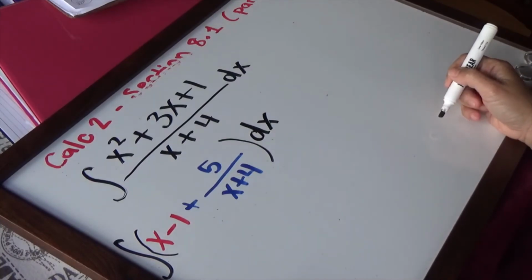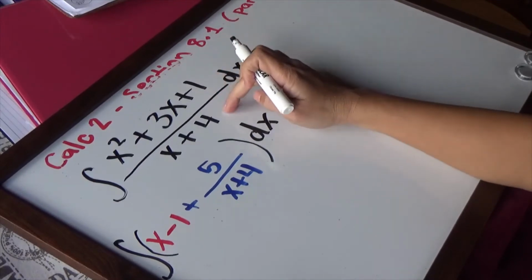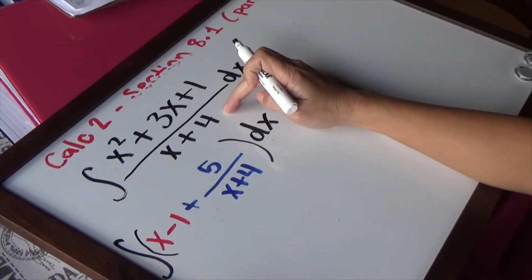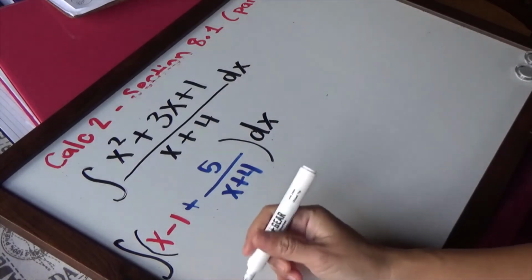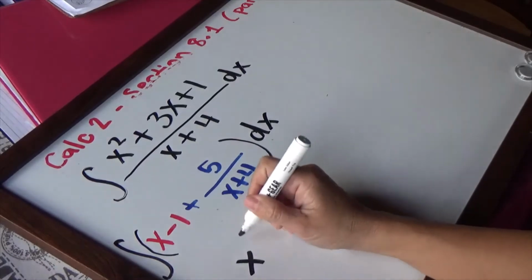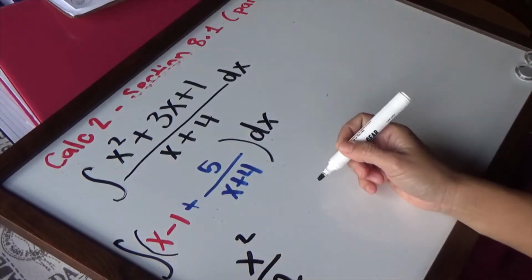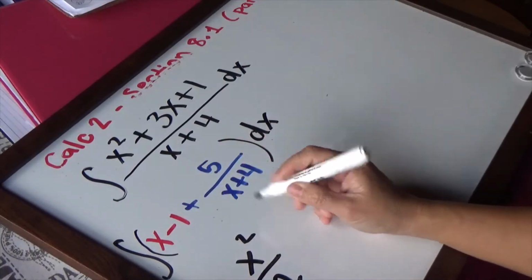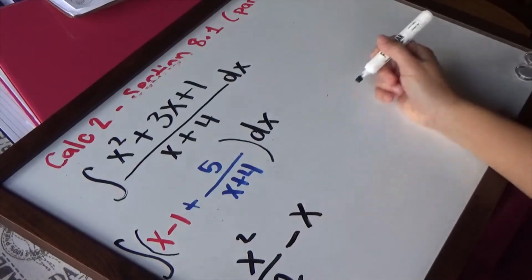Okay, so take the whole thing here on the top, divided by x plus 4 using long division. It gives you this integral. And the integral now of x is going to be just x squared over 2. We know that, right? And then the integral of 1 dx is x.